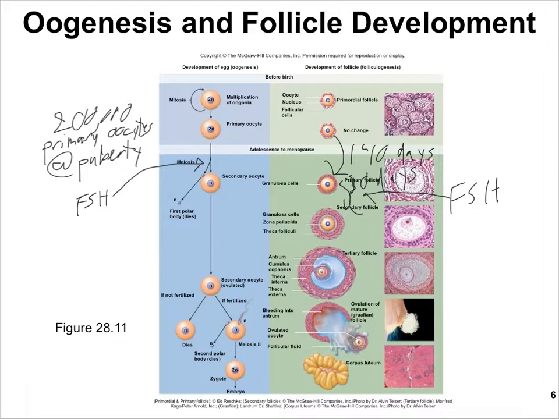And underneath the granulosa cells, there's an acellular, a non-cellular jelly layer called the zona pellucida. And this is a glycoprotein gel. It's basically, well, if you've ever seen egg whites, it's kind of similar to that.